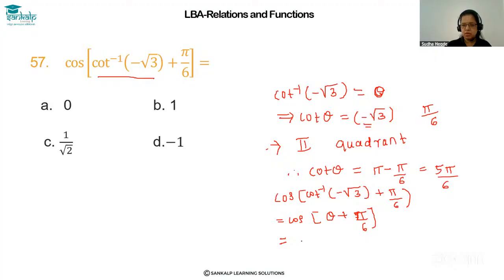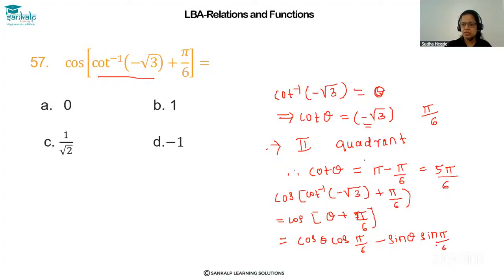Now this is the cos A plus B formula: cos A cos B minus sin A sin B. So cos theta cos pi by 6 minus sin theta sin pi by 6.